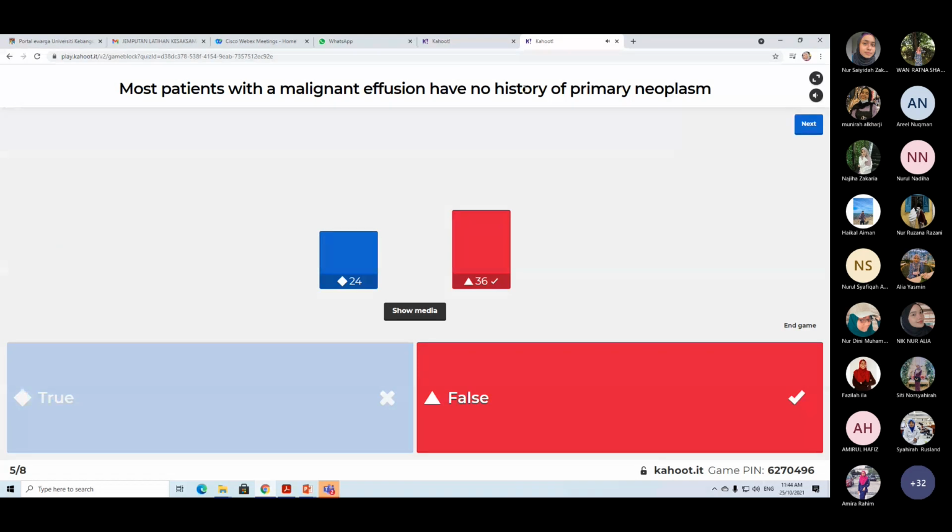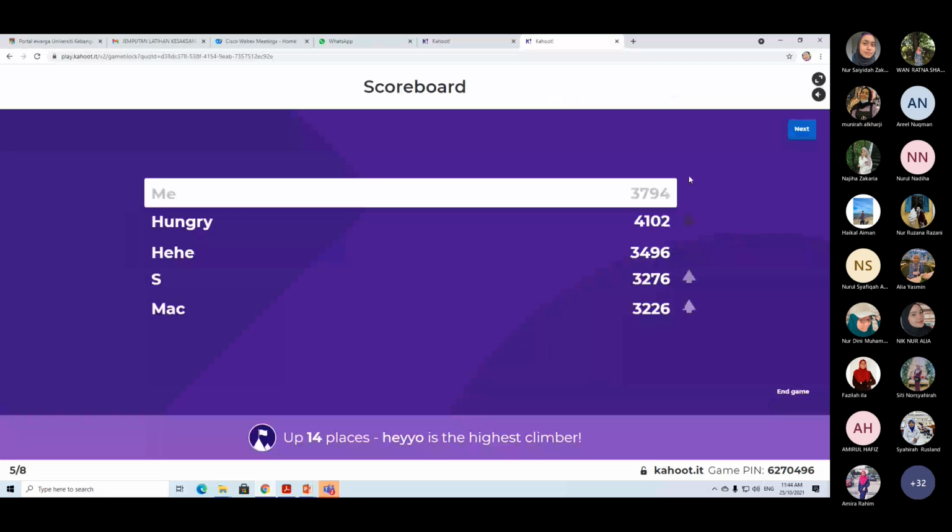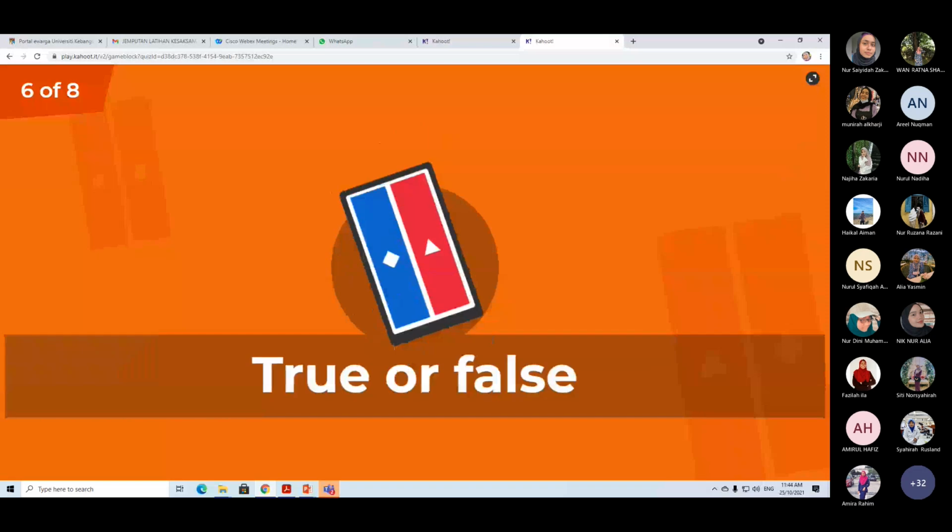Of course, a patient with malignant effusion needs a history of primary neoplasm, because as I said just now, you only live about six months, as it has already metastasized. So you need a history of primary neoplasm. Okay, hungry? Just a little more.